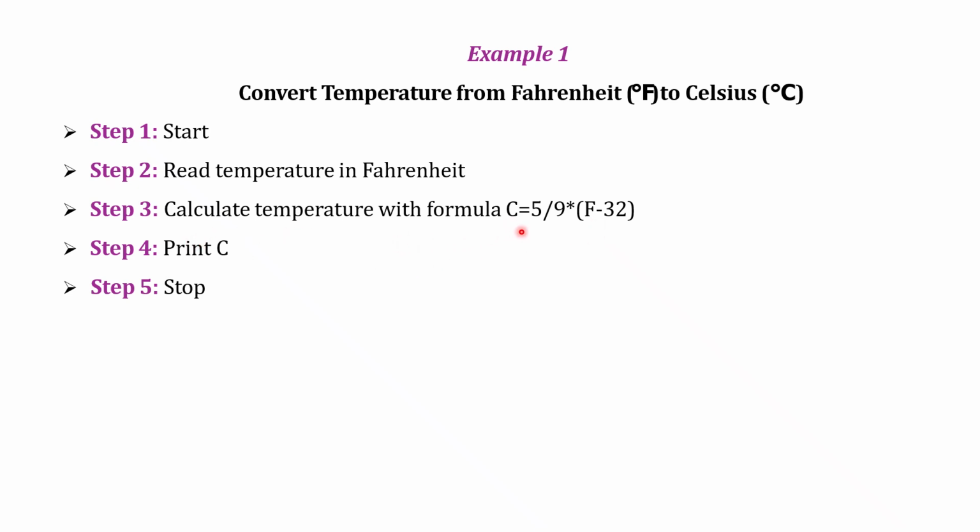Once the temperature is computed in Celsius, the next step is print the temperature in Celsius. So with this, the solution to the given problem is arrived at. The last step is stop. This is the end of the algorithm. So you could see it's sequential steps in getting the solution to the problem.